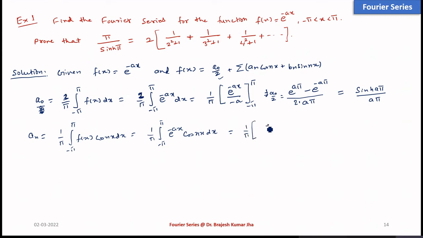It is e to the power minus ax upon a square plus n square, minus a cos nx plus n sin nx, from minus pi to plus pi. I have used direct integration, but you can do this.